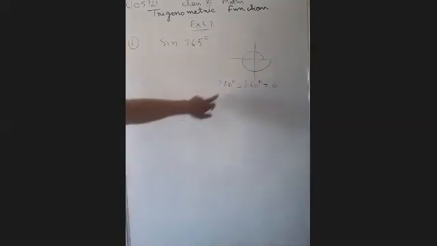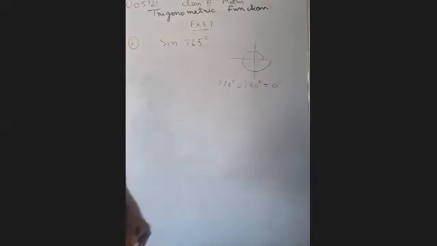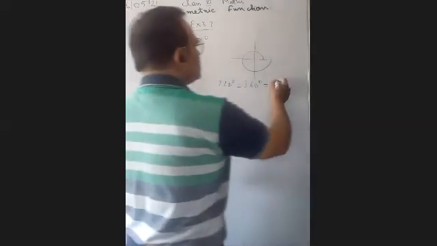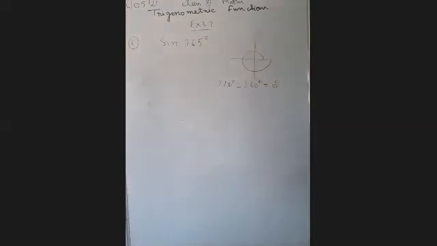So you have to just figure it out in this circle. The value of the ratio will remain the same if we take 0 degree, 360 degree, 720 degree or any multiple of 360 degree. You can take any big number, and the value of the angle will be the same.